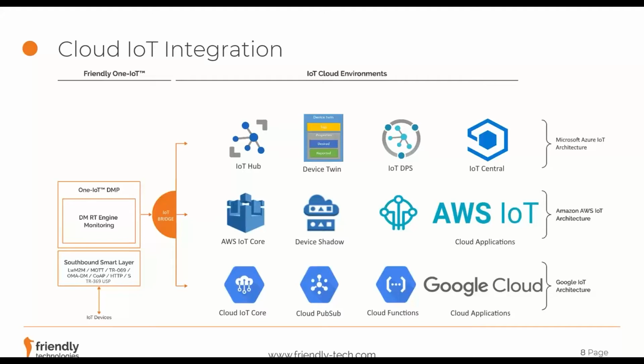It automatically, dynamically creates a device twin in Azure IoT, and that device twin represents the digital copy of that physical device in the field with all its desired and reported parameters. The reported is essentially what the device is providing to the system, and desired is what the system would like the device to update its particular parameters to. And there's a few other features supported there, and we'll cover that shortly.